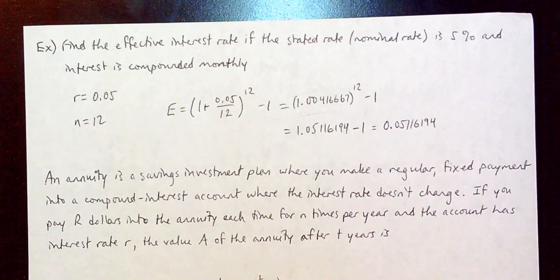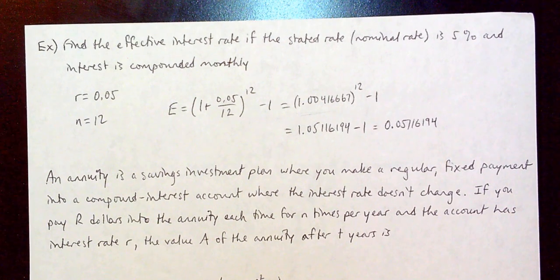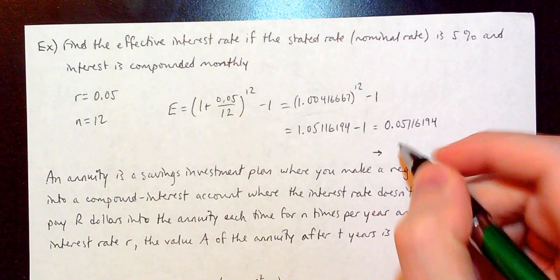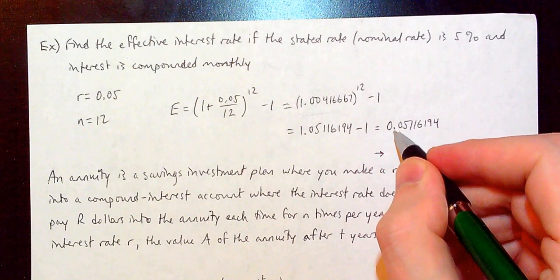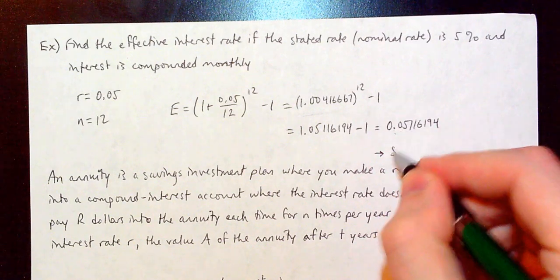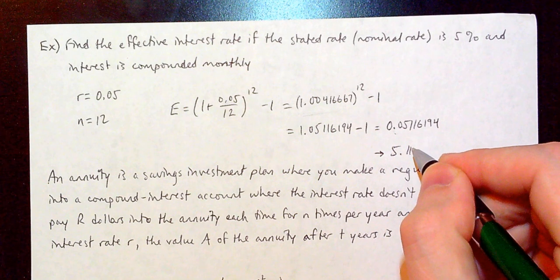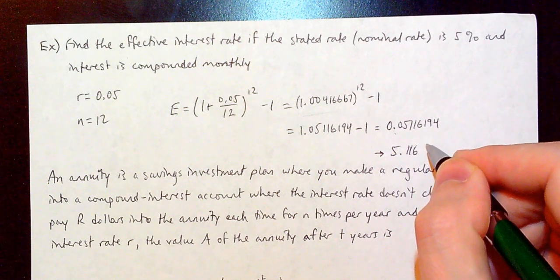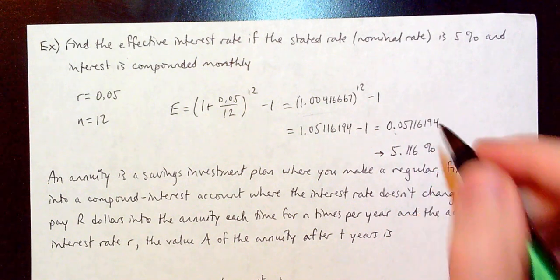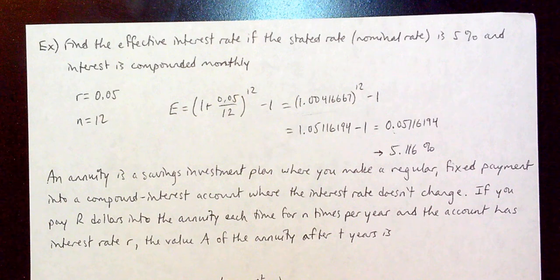Now this is the effective interest rate as a decimal. To convert it to a percentage, as we know, take that decimal point, move it 2 places to the right, and tack on the percentage sign. So the effective interest rate is approximately 5.116%.